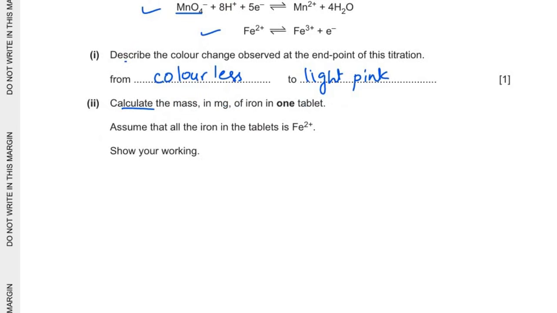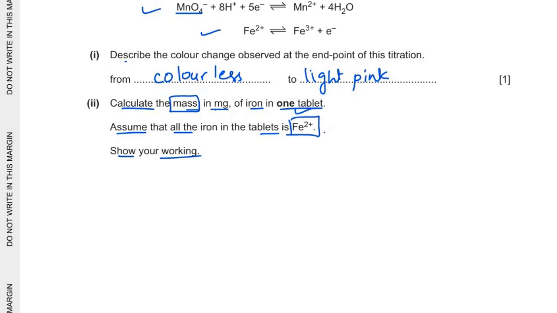Now here it's given, calculate the mass in milligrams of iron in 1 tablet. Assume that all the iron in the tablets is Fe2 plus only and show your working. Now if we start, what do we have to find out? We have to find out the mass of Fe2 plus in milligrams in 1 tablet.